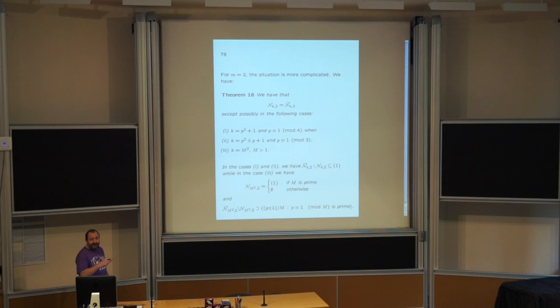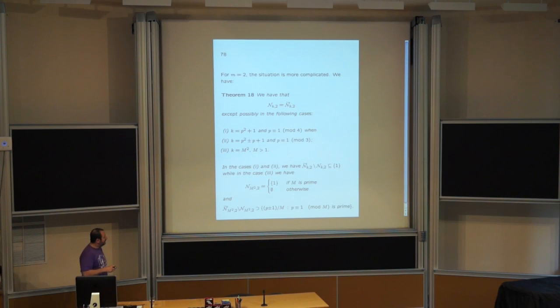So there are infinitely many values of k when this is not true, when this set is strictly bigger than this one. And in fact, we even know the difference between these sets. So in these two cases, the difference is really negligible. Just one value of n, which is 1.